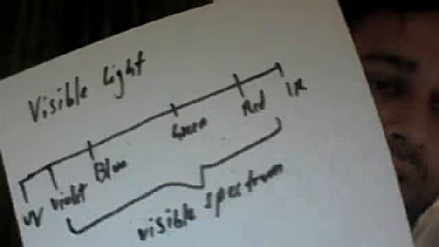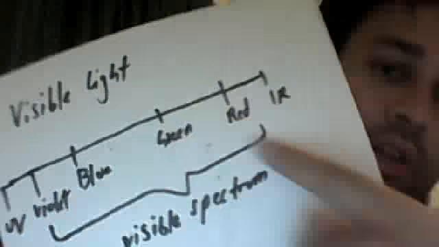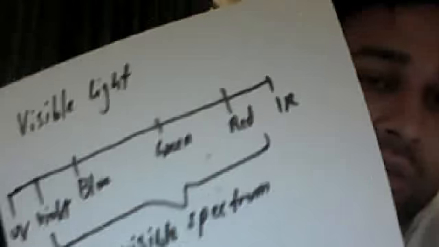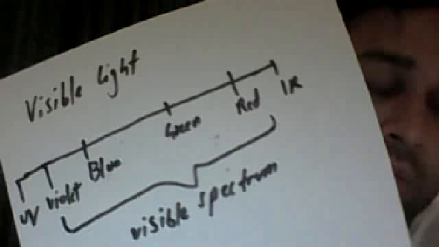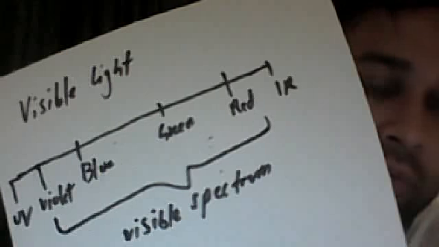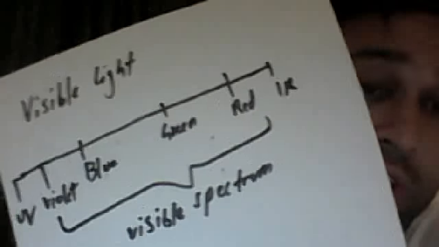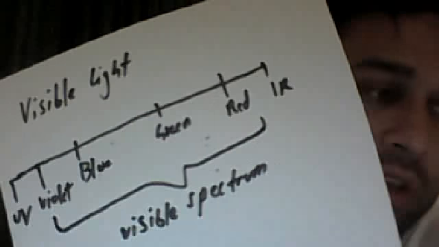We see it as various colors, whereas towards the ends of the radiation spectrum, and I haven't drawn the entirety of it, we don't see anything. We don't see what infrared is, and we don't see what UV light looks like. We don't have the mechanism to detect those radiations.